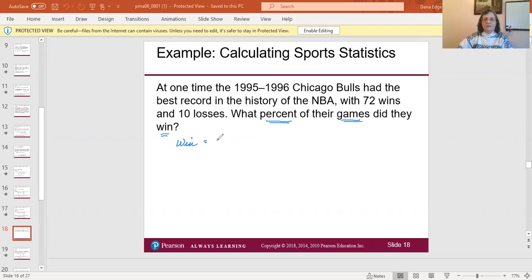So win equals what percent of games, or win is. So we could say W equals P times G. So we know they had 72 wins.